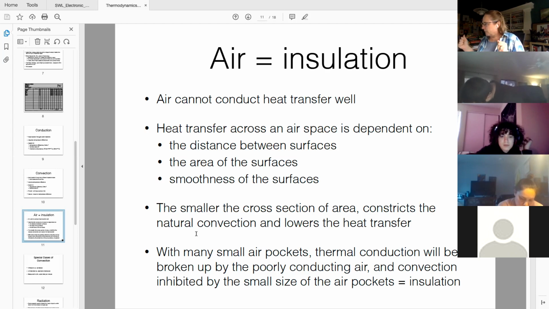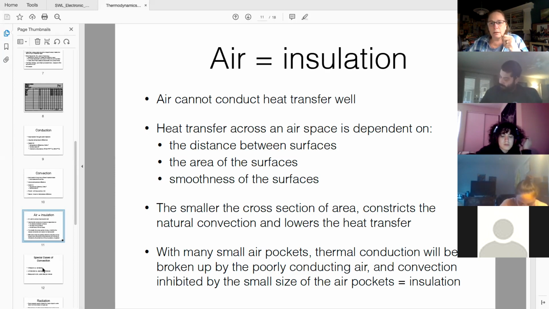Which is what the last bullet point is talking about. So these different methods of conduction and convection, and how they work between materials, material surfaces, the distance, the volumes, all of those things come together to determine how well that insulation is going to be working.